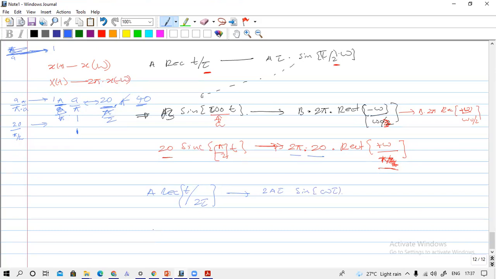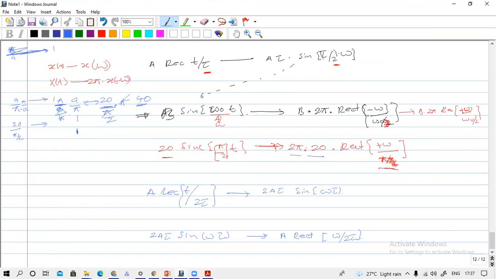Correct. So if we have this signal 2a tau sinc omega tau, we will have a rect omega by 2 tau. This signal we have.